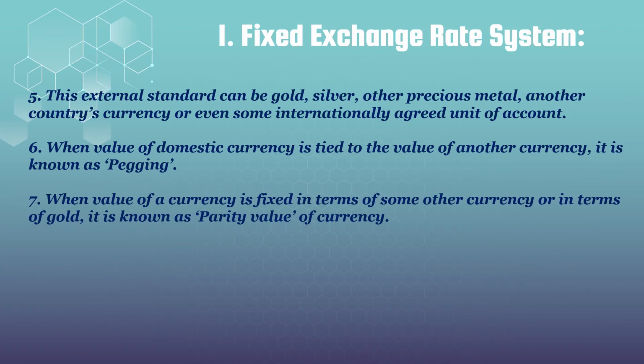When the value of a currency is fixed in terms of some other currency or in terms of gold, it is known as the parity value of the currency. It means if we value our currency in terms of gold or some other country's currency, we also call it the parity value of a currency.